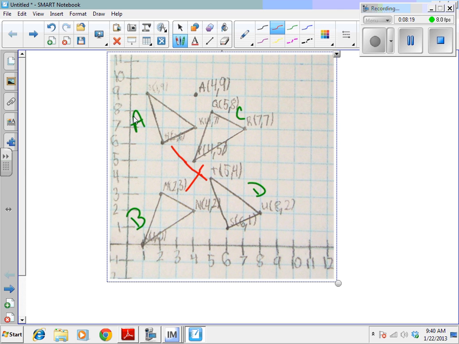No. I don't want you to name the triangle. What can you tell me about this and this triangle? What kind of triangle? They are the same, aren't they? Yes? I want you to see that these two, A and D, are the same. And these two, C and B, are the same. Does everybody see that? Yes or no? Okay.